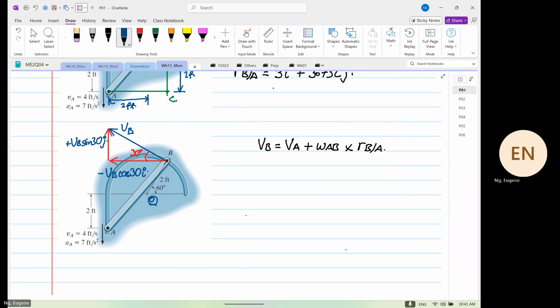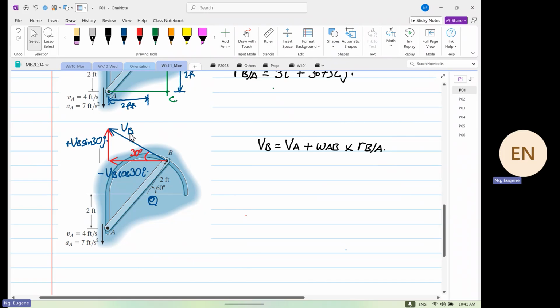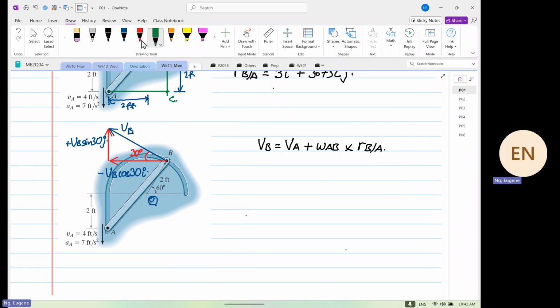Now at point A, we only have one direction, so that is pretty straightforward. Now remember when I drew the VB, the line that I started off is from the center of the circle. Yes or no?